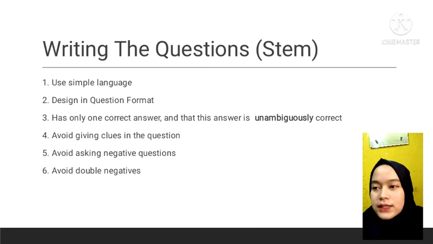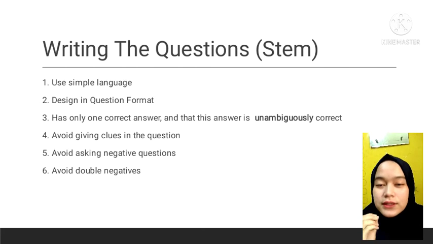And the last is, avoid asking negative questions and avoid double negatives. Avoid asking negative questions, for example, questions that use the word not. And then avoid double negative questions, which means questions that have two negative words.